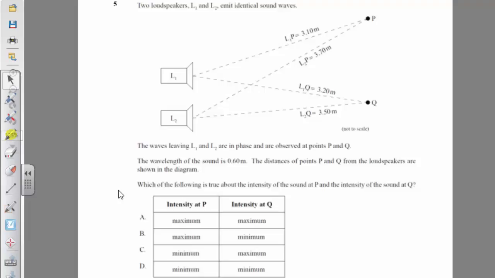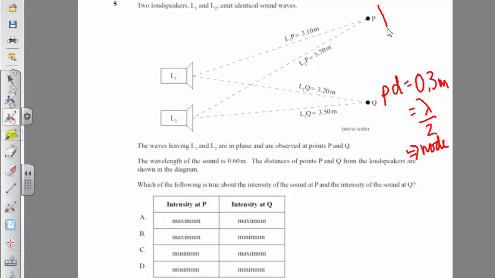So in the central one, at this Q, we know that the path difference is equal to 0.3 meters, which is equal to lambda over 2. So therefore it's a node. So it's going to be quiet there.